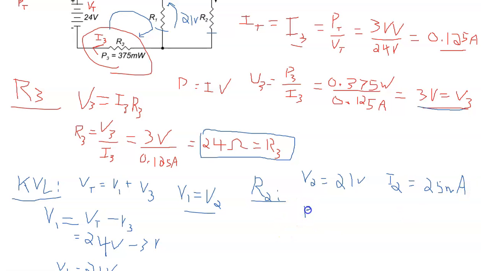And so R2 now, by Ohm's law, is V2 divided by I2, 21 volts divided by 0.025 amps for the current, and that gives us R2 at 840 ohms.